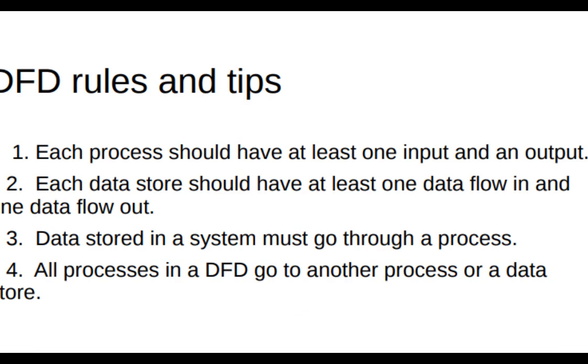When we draw a data flow diagram, there are some rules and tips to be followed. The first rule is that each process should have at least one input and one output. Similarly, each data store should have at least one data flow in and one data flow out.